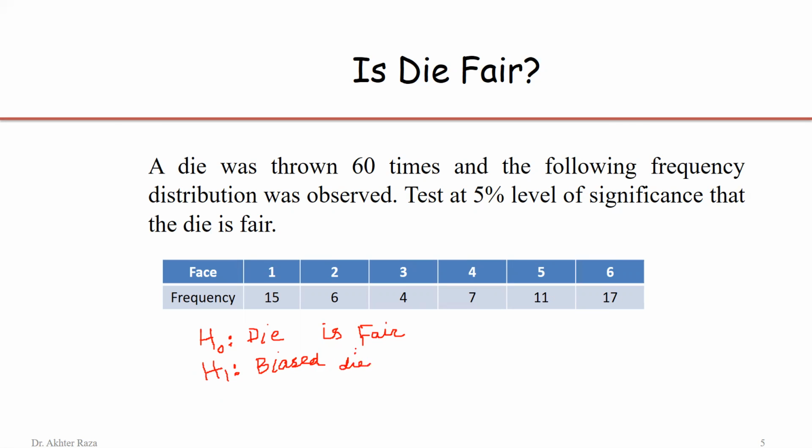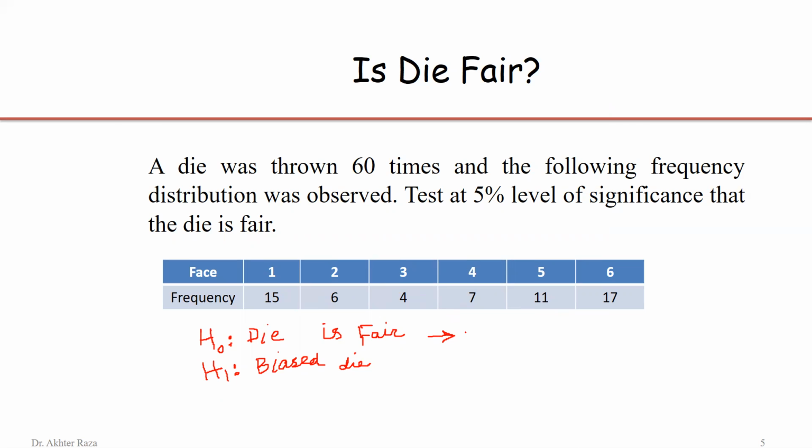Another way of writing this null hypothesis is that the die is assumed to be fair. If we are tossing the die 60 times, then these frequencies will be approximately equal if the die is fair. If the die is unbalanced and unfair, then we may have a deviation among these frequencies. So another way of writing this H naught, we have the observed model, and the observed model is what?